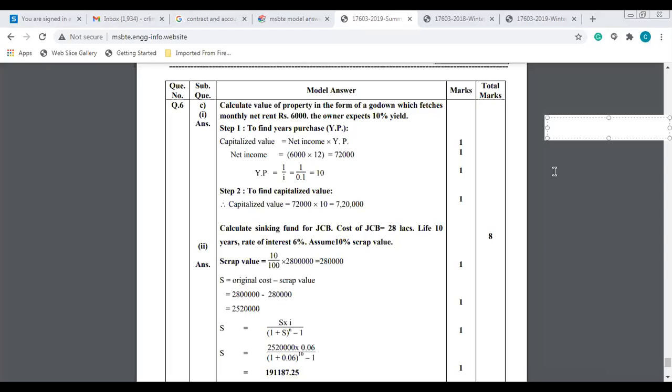Once again I will repeat, if in the problem there are two rates of interest which have been mentioned, that is rate of interest on the cost of construction and rate of interest on the sinking fund, our formula for YP becomes YP equals 1 divided by IP plus IC.